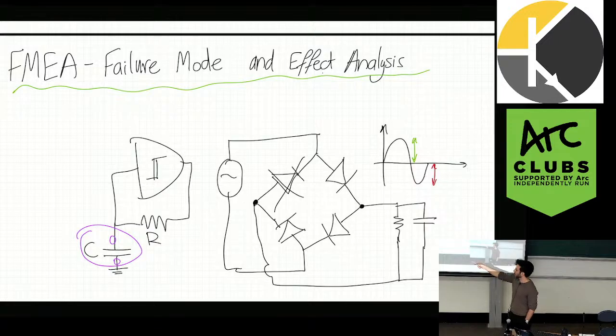This capacitor's function was to essentially charge and discharge the input, which then swings it between hysteresis levels, right? That's how we know what will happen if the capacitor shorts or opens, because we know what its original function was. And then you split it into 2 cases: what happens if it shorts and what happens if it opens.